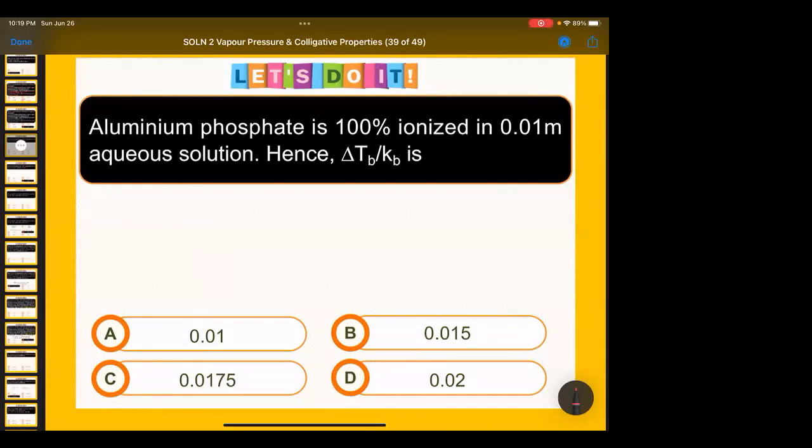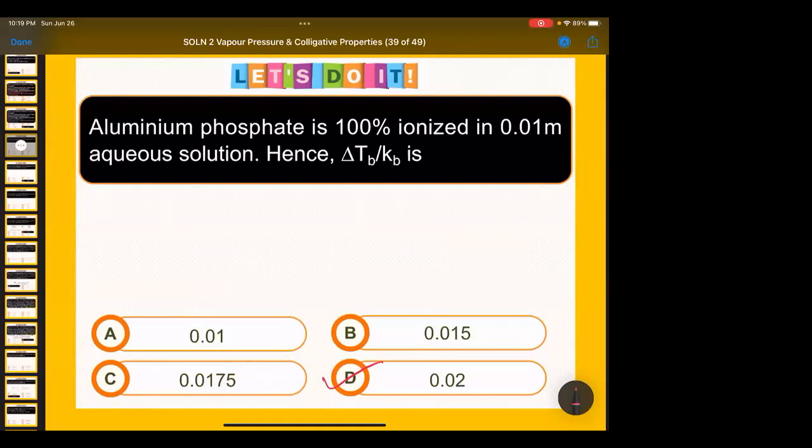Samira and Hanifa, what's going to be the right answer? Yeah. 0.02 option. 0.02. Yeah, correct.